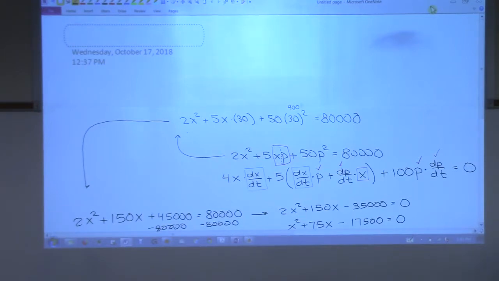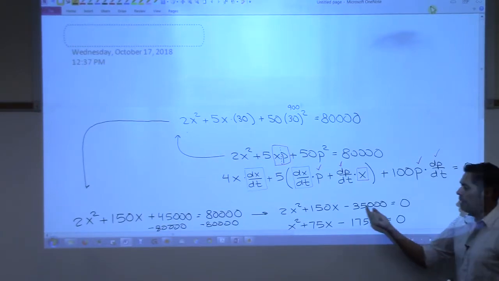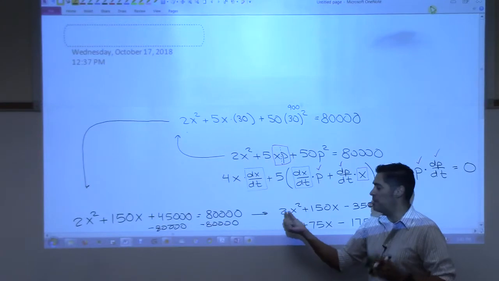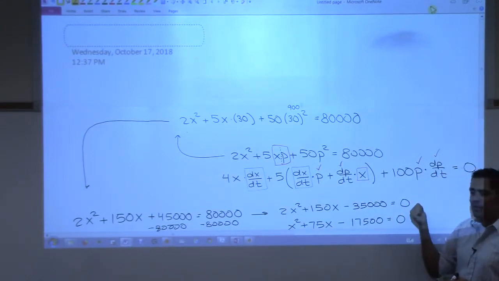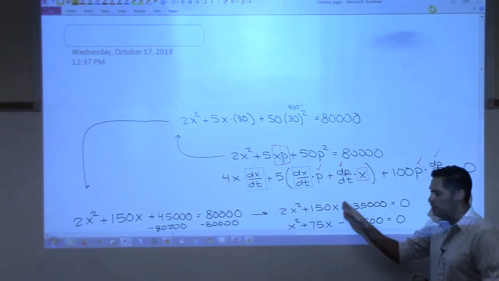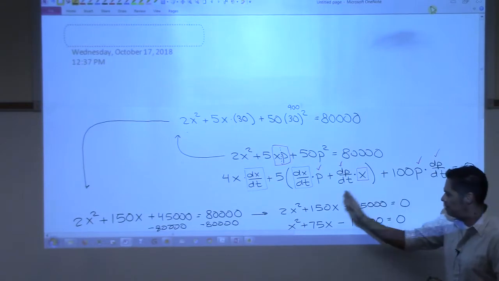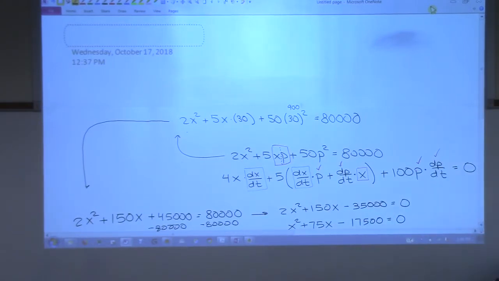You don't put the 2 in parentheses? Like pull the 2 out? Yeah, I could. That's what I was saying. I could pull a 2 out, but then I would divide both sides by 2. And so when I divide this by 2, it would go away anyway. So I just decided to divide each of them by 2. Like everything. This. So I get this. 0 divided by 2 is 0.